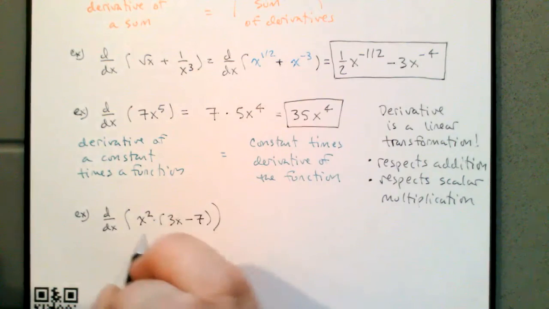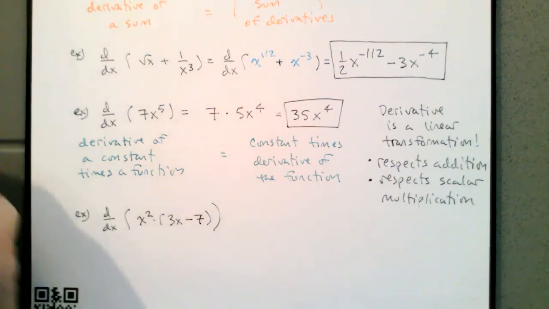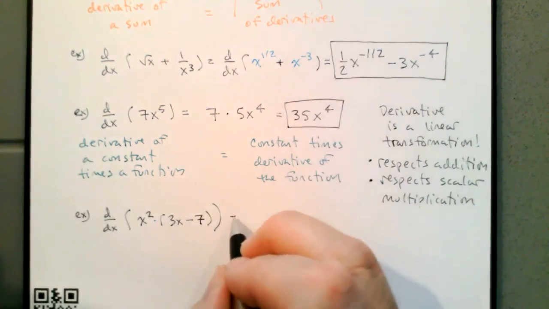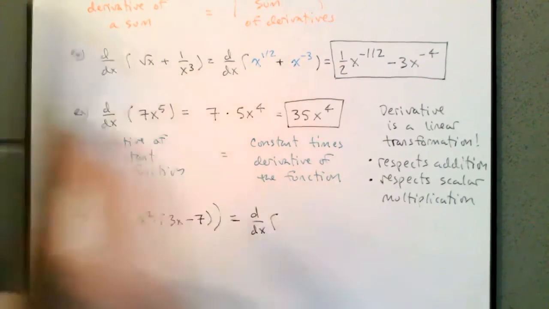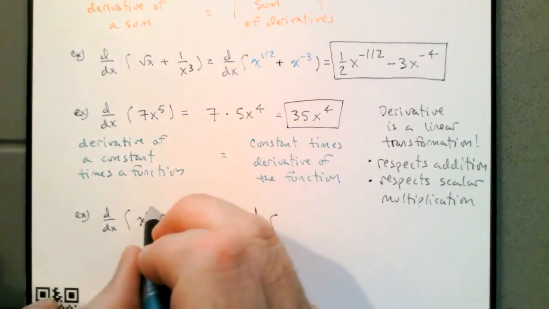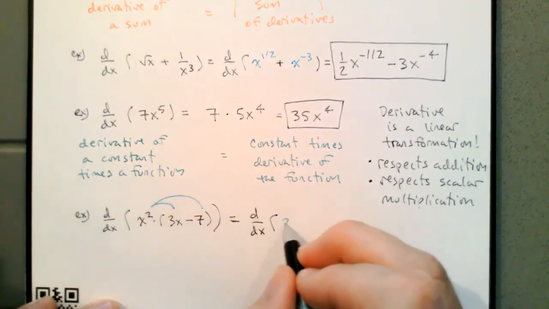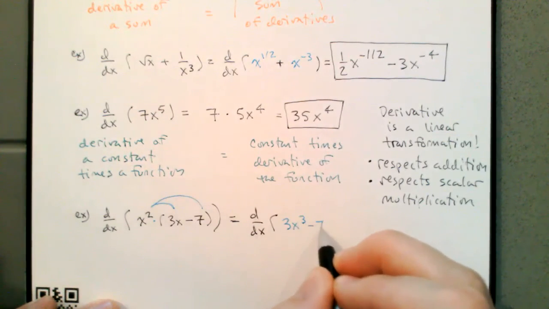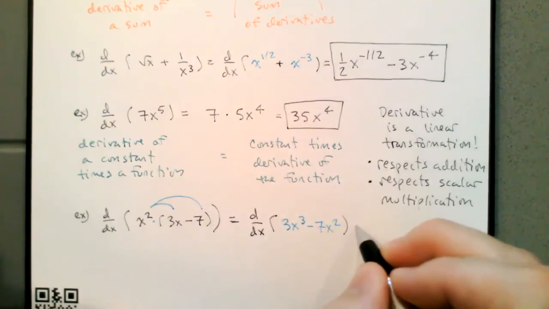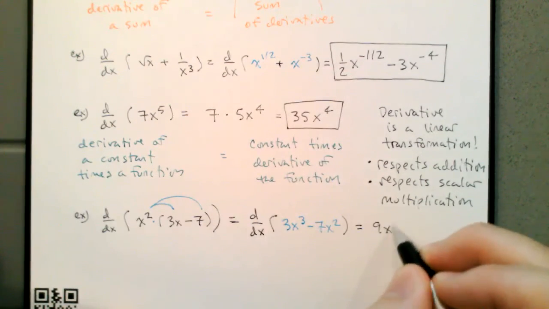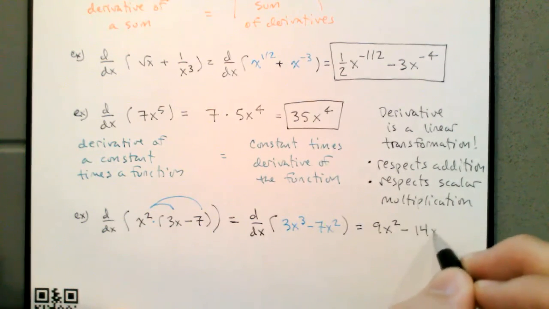But we can rewrite this expression as terms. We just multiply this out with the distributive property. I can say this is 3x to the third minus 7x squared. And now we can use our simplified rules. The derivative is 9x squared minus 14x to the first.